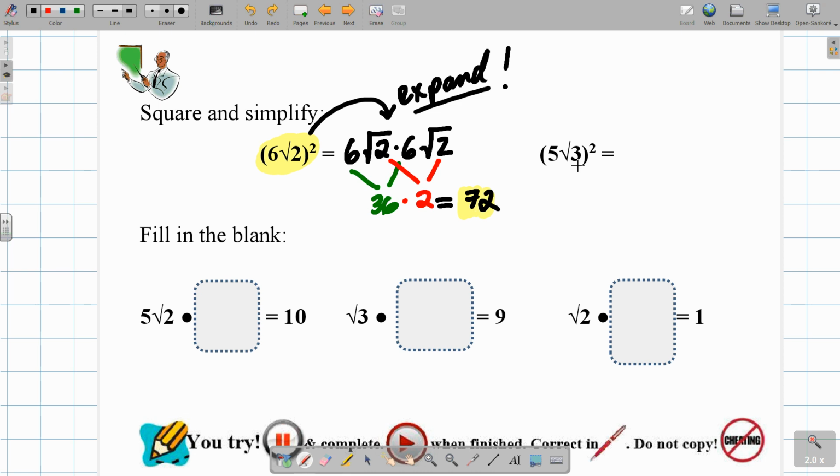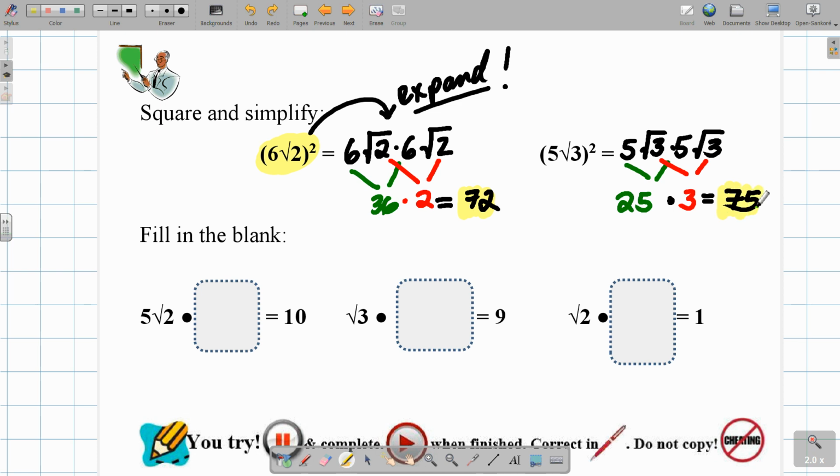Exponents expand. 5 root 3 squared looks like this. 5 times 5 is 25. Root 3 times root 3 is 3. Therefore, 5 root 3 squared is 75.